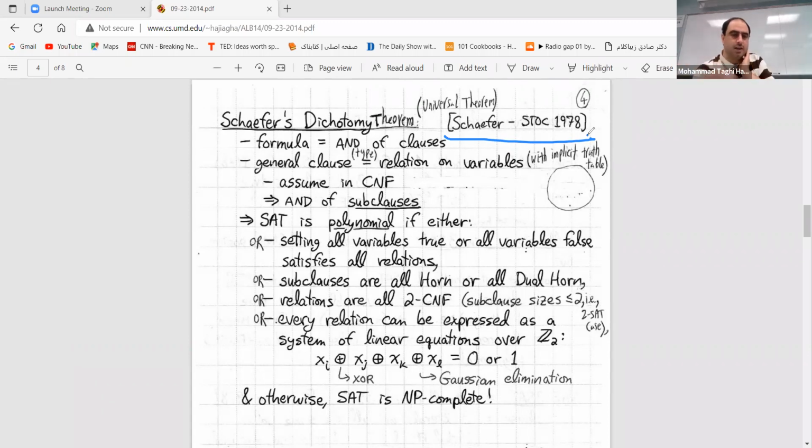So this is essentially the theorem. You can read the exact statement there, but this is somehow the thing that we are considering. A formula is an AND of clauses, and a general clause is some relation on variables.